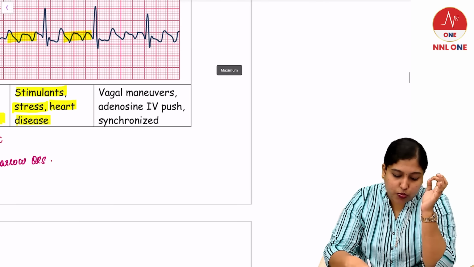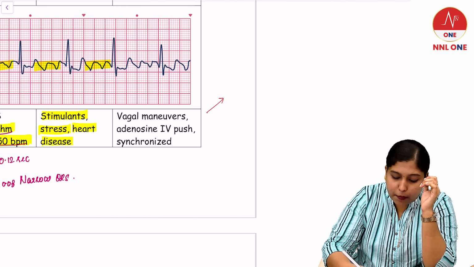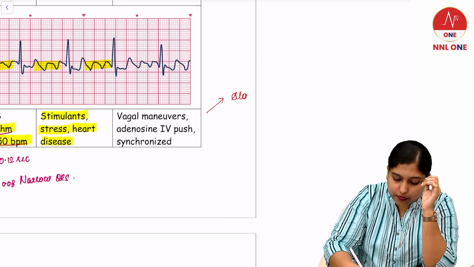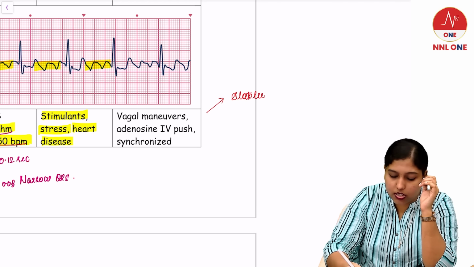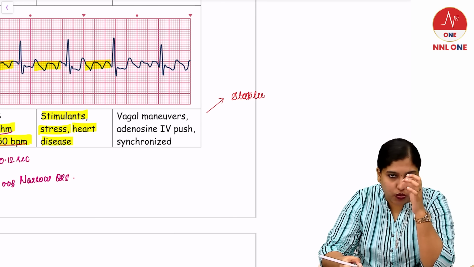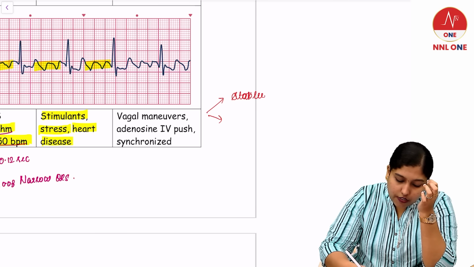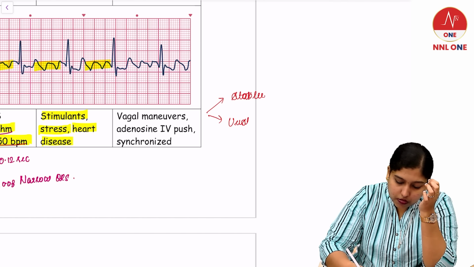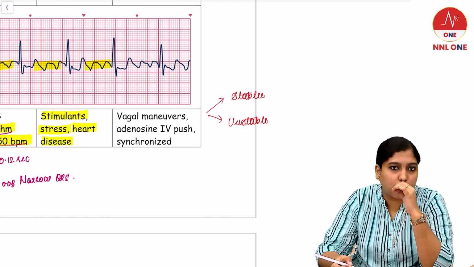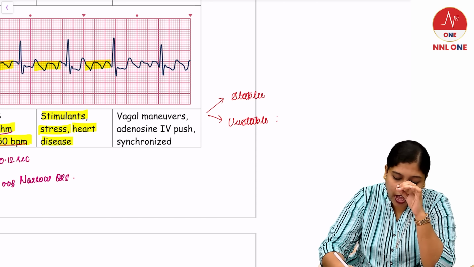For example, if the patient is stable, we are going for normal observation and we are going to give vagal maneuver to this patient. If the patient is unstable, here is where the important management starts. Initially, first we will give the vagal maneuver.